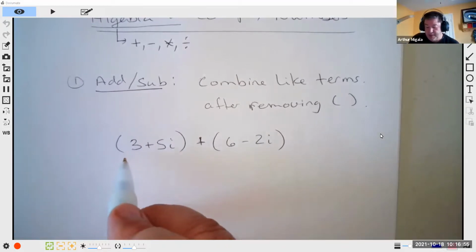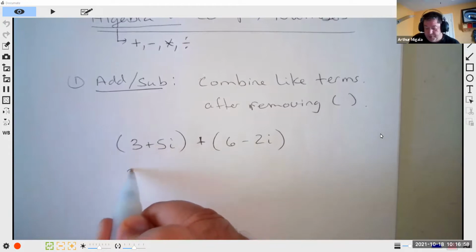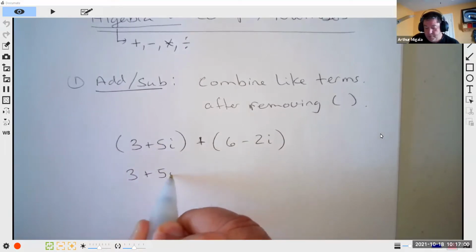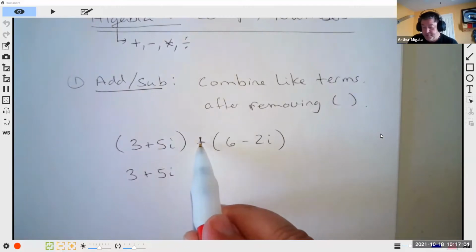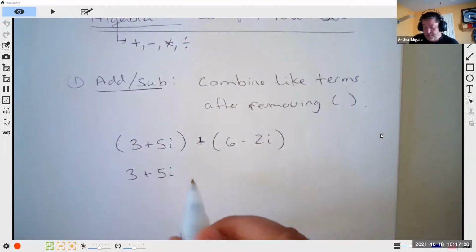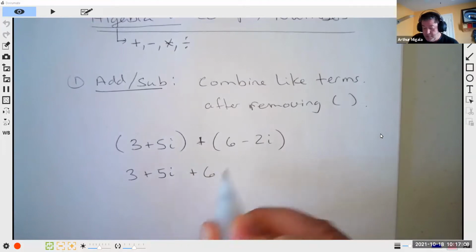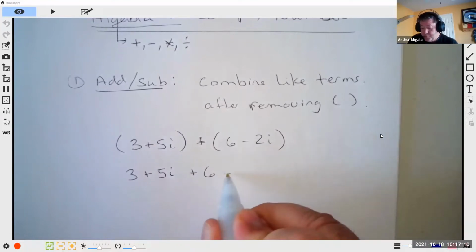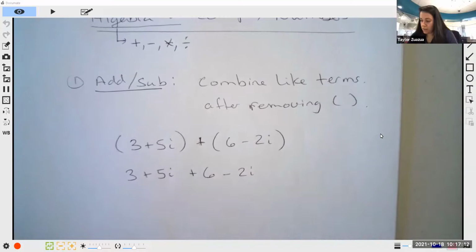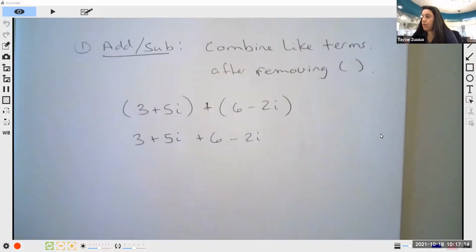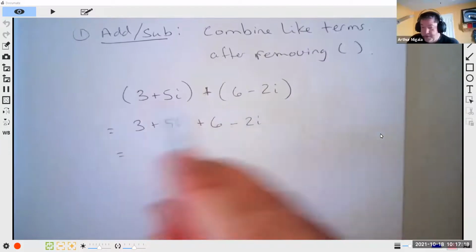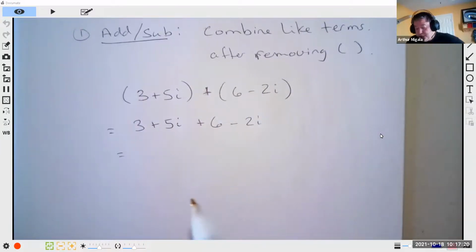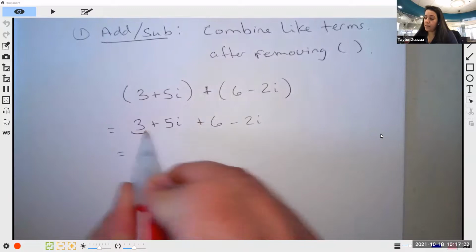So because of that, the first one, we just drop the parentheses. And since the second one's a positive, it's the same as distributing a +1. The numbers inside there keep whatever signs they have.